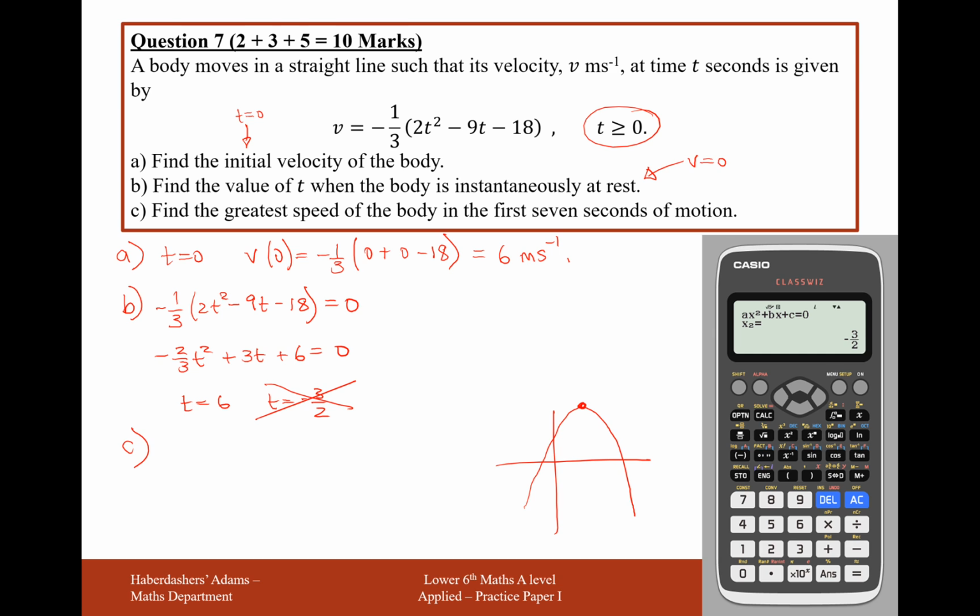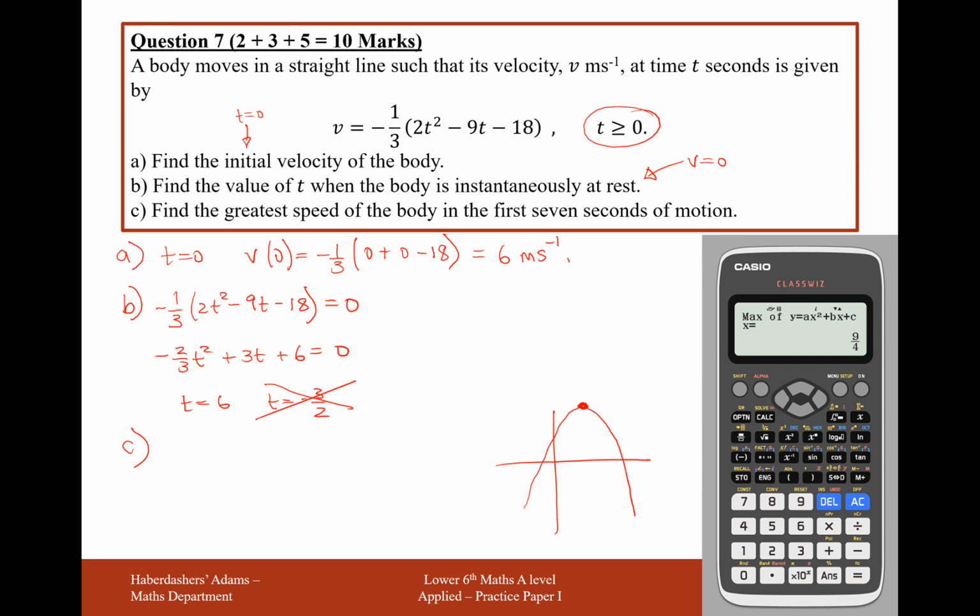Then we're going to find the maximum velocity at the turning point. If we carry on, the t value here is going to be 9 over 4, and the maximum speed is going to be 75 over 8.